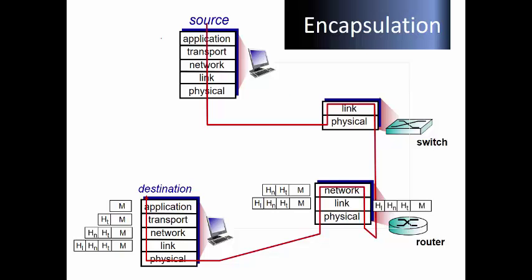At the router side, the router has a little more networking capability. So this guy takes out this header and finds out, oh, this should go up to the network layer. And when it comes to the network layer, this guy says, oh, right now we are in Baltimore.